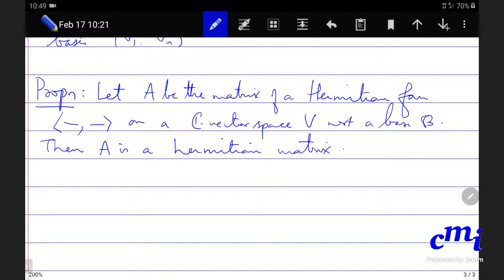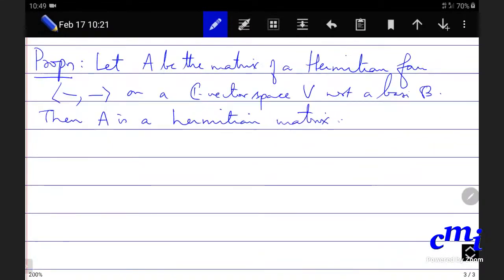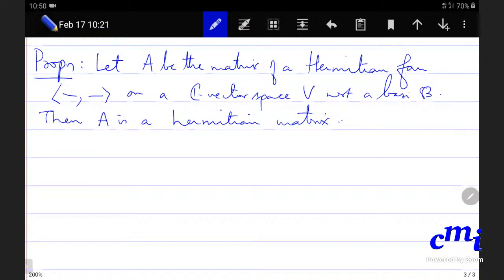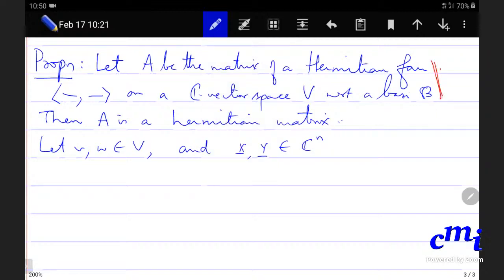This is similar to the thing that we saw for real symmetric forms. So let v and w be inside V, and X and Y be inside Cn. Let us say that n is the dimension of V. Sorry, I should have added that here. So this B has n elements.